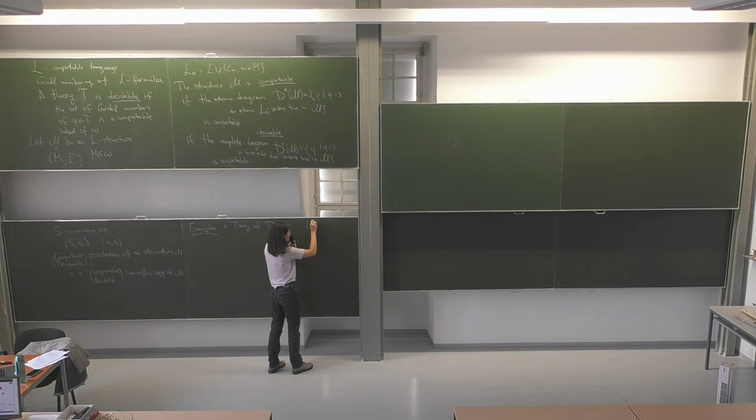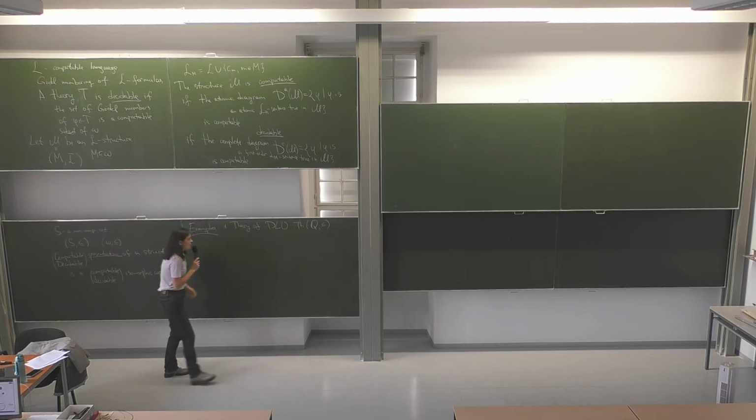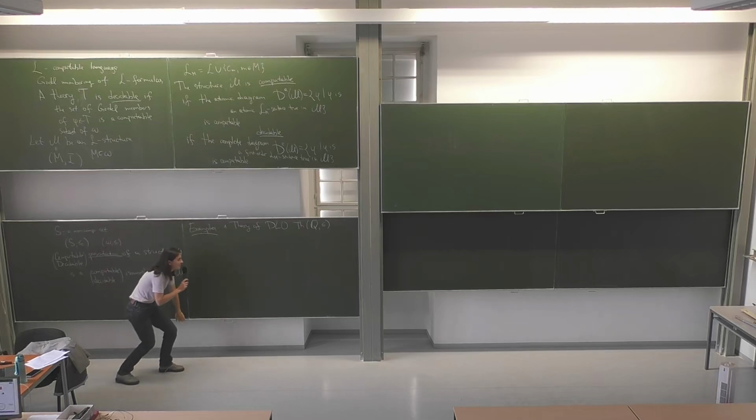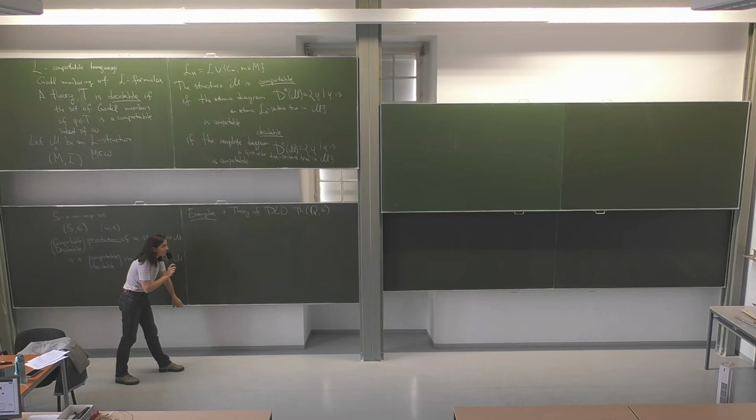So we consider without endpoints, right? The theory of the structure. Okay, so this is a decidable theory. I will not really go through the proof of all this, but it's rather easy to see.